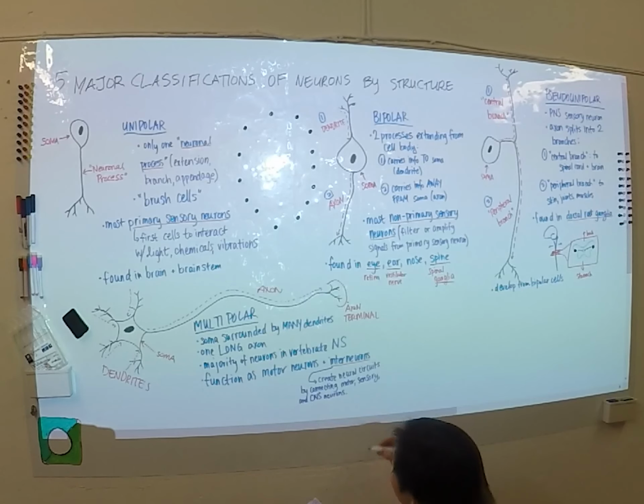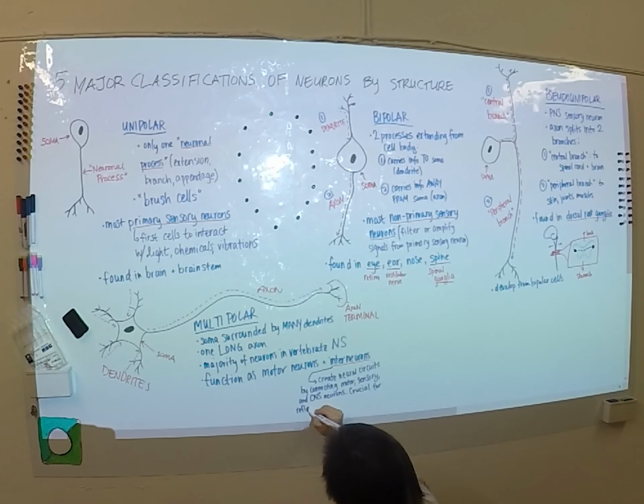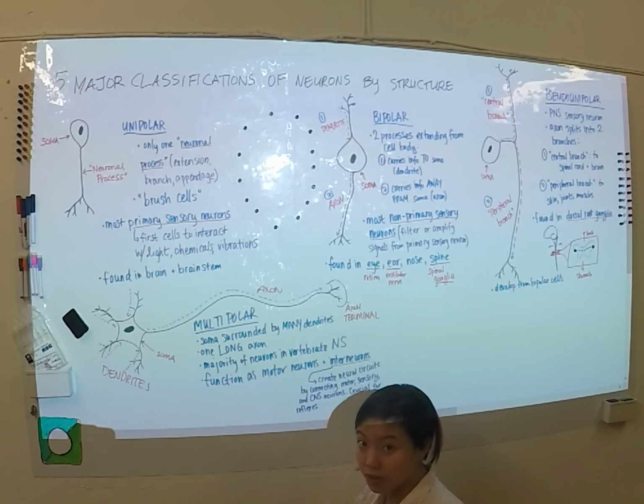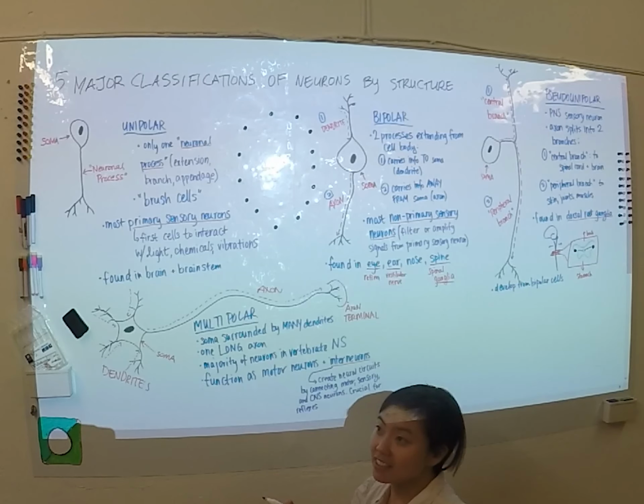Okay? They are crucial for reflexes. I'm assuming everyone knows what a reflex is, yeah? So that is a very fast signal that doesn't actually go all the way to the brain. It just goes to your spinal cord and comes back.